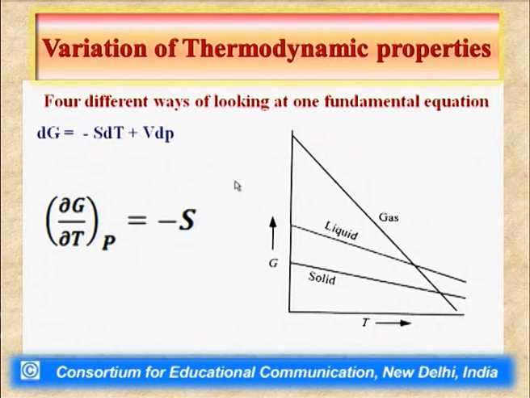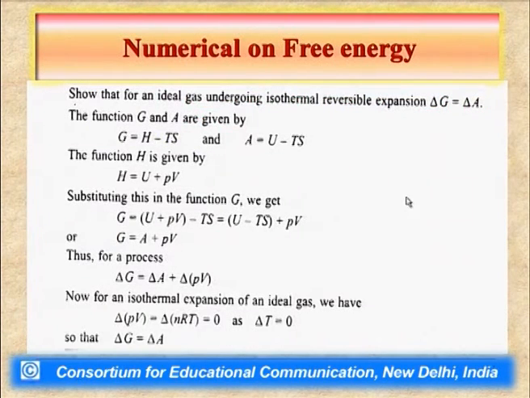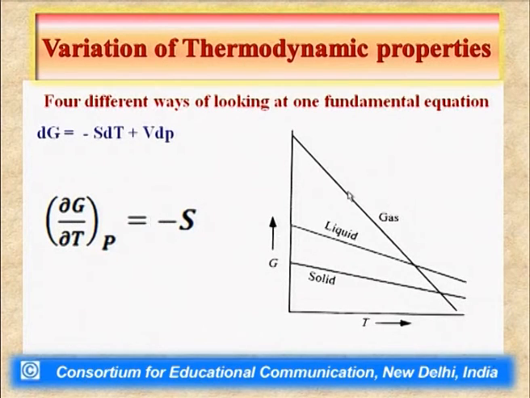This is a clear implication of the formula delta G by delta T equal to minus S. Because the molar entropy for the gaseous system is highest of all three, the Gibbs free energy will decrease more in the case of gases, and that is clearly shown in the graph over here. It is the graph between Gibbs free energy and temperature, and dG by dT is the slope of this curve, which, as you can see, is greatest for the gaseous system.